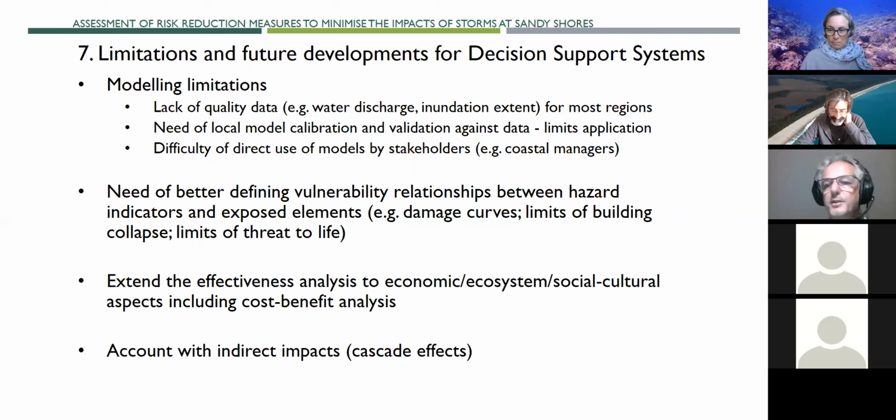It might even be positive, or in some cases, in some measures, it might be negative. So we need to define the cascade effects on this modeling, and also to define the economic cascade effects that result from the implementation of these measures in the medium to long term.